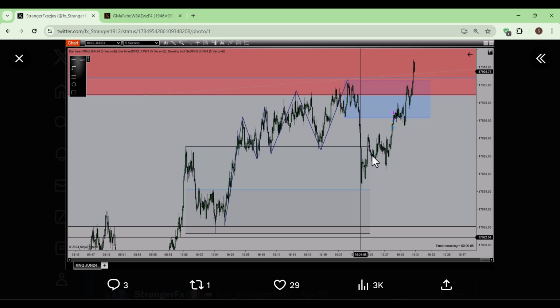I should have waited for a confirmation here, and honestly I didn't wait for a confirmation. I believe I entered late, I was away from the chart, so my perfect entry would be around here, right? And then exiting from here, and price continued to the upside because we still had a zone, as you can see, to the upside. We are trading to that zone.